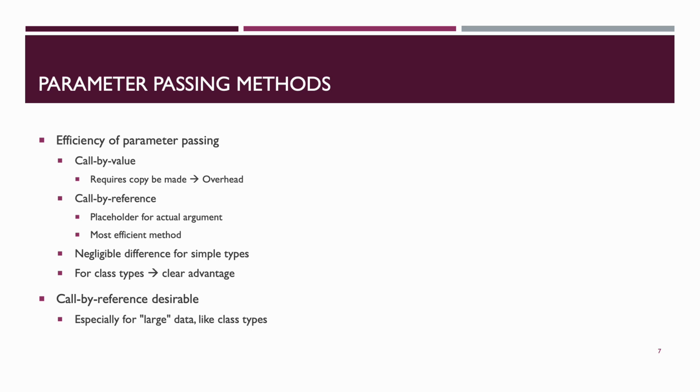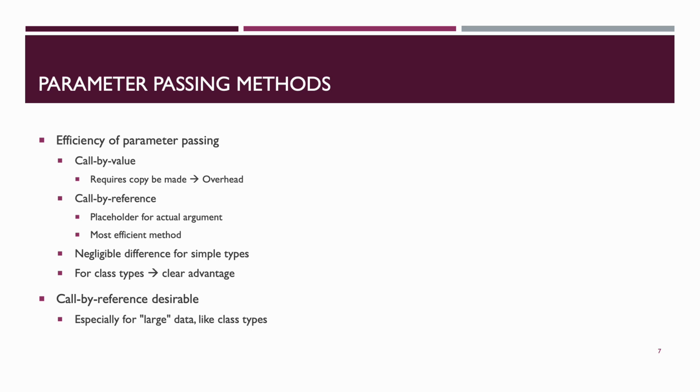Call by reference. In contrast, when passing parameters by reference, the function receives a reference or pointer to the actual argument rather than a copy. This means the function operates directly on the original data, so any modifications to the parameter inside the function will affect the original argument. So there's a difference between call by value and call by reference.